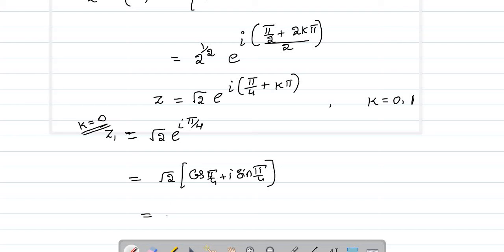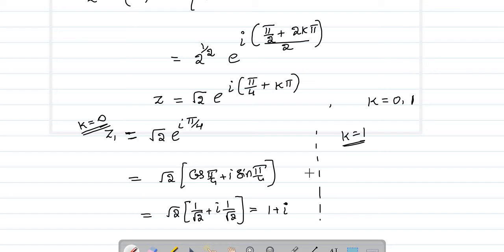But you know what is cos of pi by 4 and sin of pi by 4? So this is 1 by root 2 plus i 1 by root 2. When you multiply with root 2, this is nothing but 1 plus i. That's it. Similarly, when k equal to 1, let me write it as z2. That is root 2 into e power i, pi by 4 plus pi.